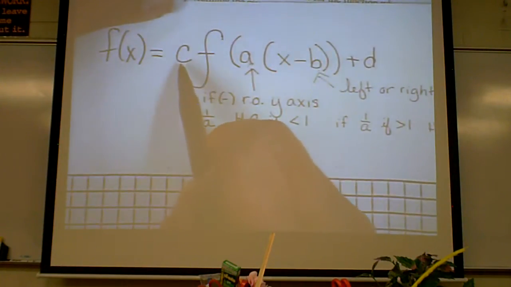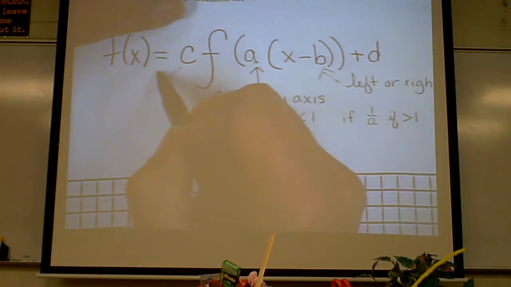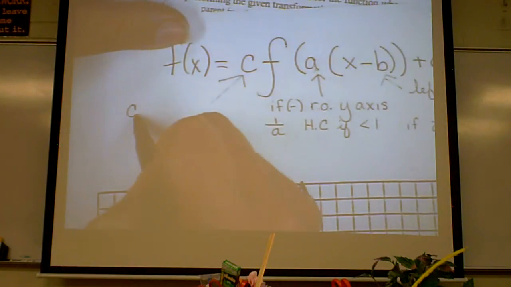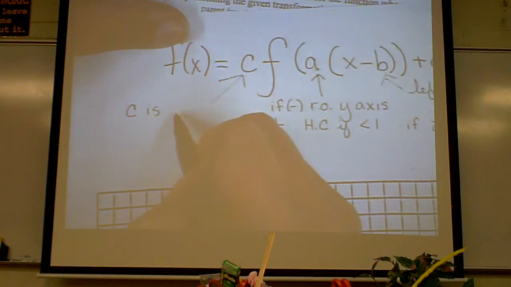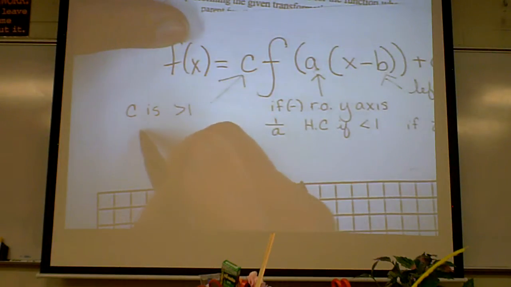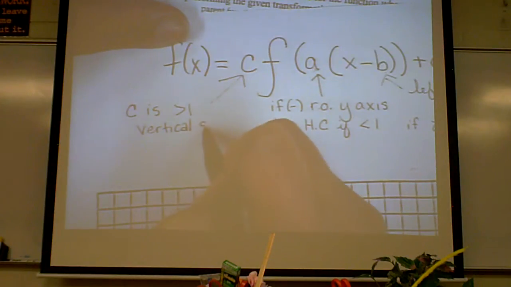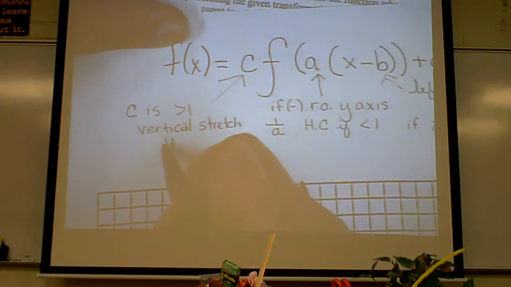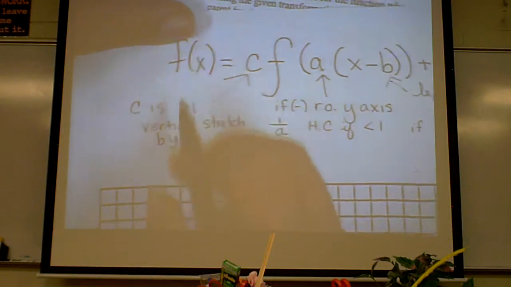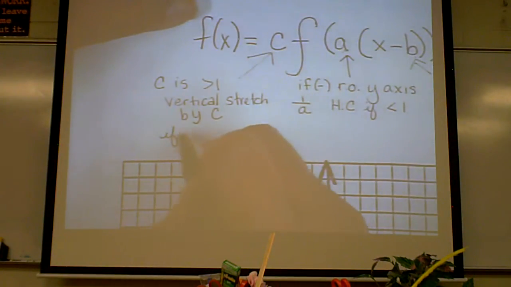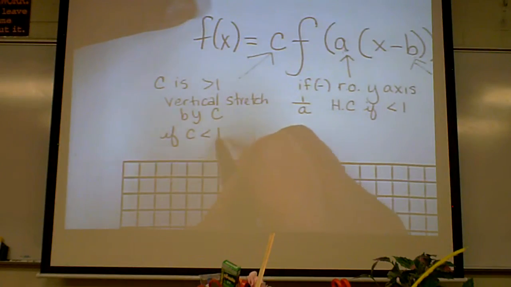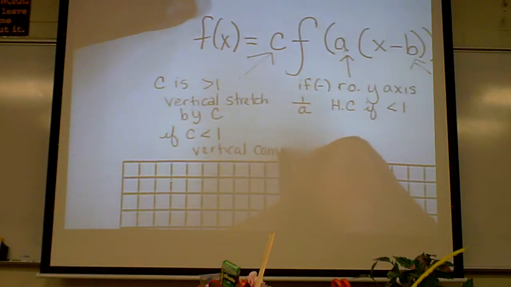This number right here in front, this C value: if it's greater than 1, it's a vertical stretch by whatever that number is. If C is less than 1, it's a vertical compression by that number.